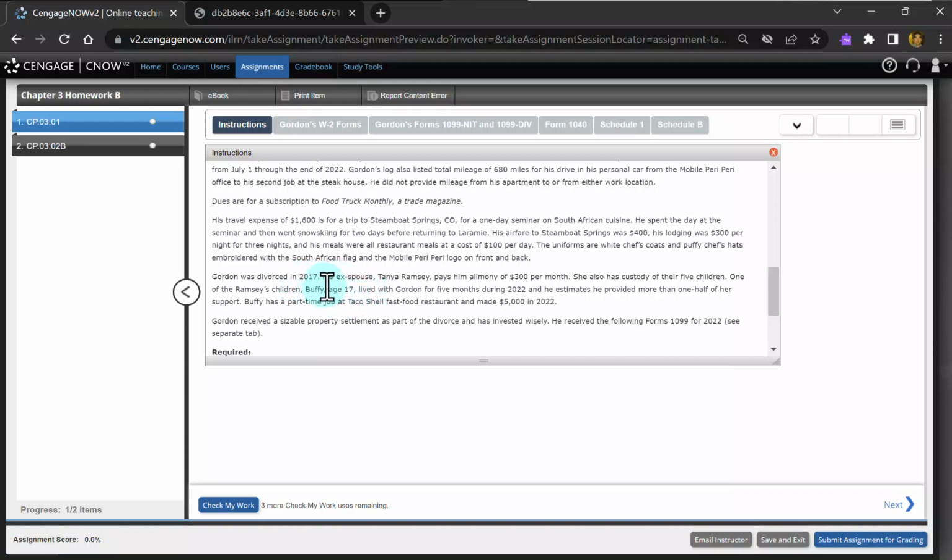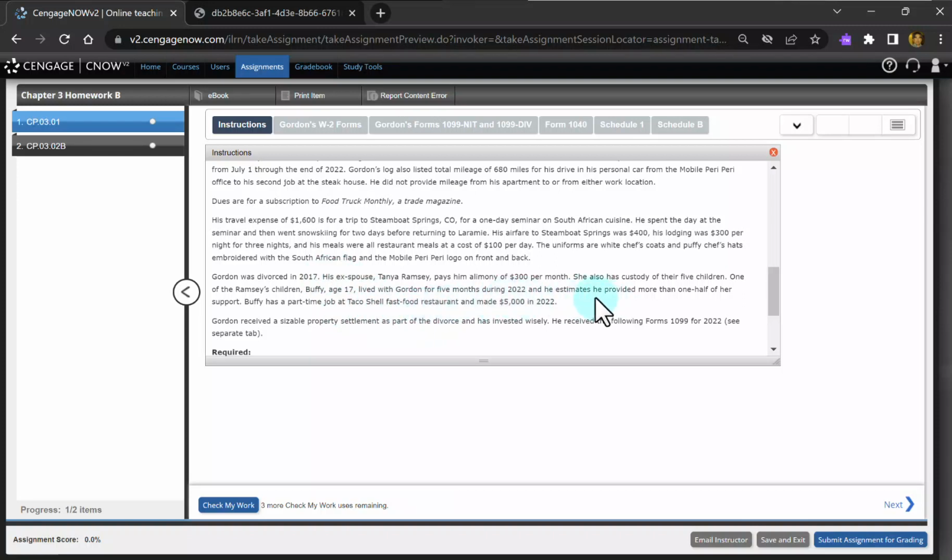And because it's before 2018, if there is any alimony being paid even now, the alimony is going to be taxable, in this case, to Gordon, who's receiving the money, and deductible by his ex, Tanya, who's paying the money. Again, the divorce has to have taken place prior to 2018, and that's our case here. Otherwise, if it's 2018 and later, you just ignore alimony for income tax purposes.